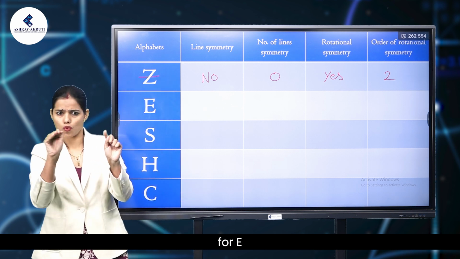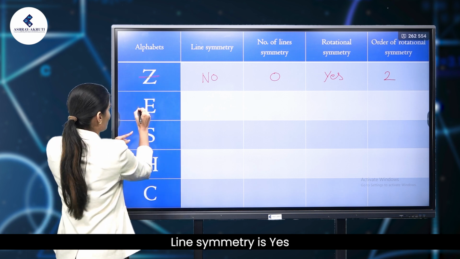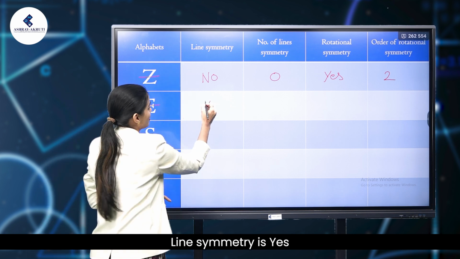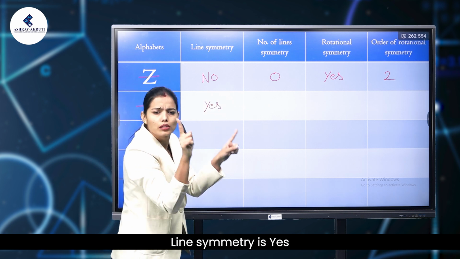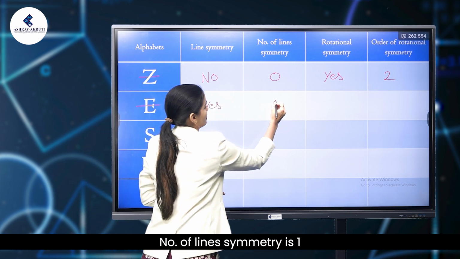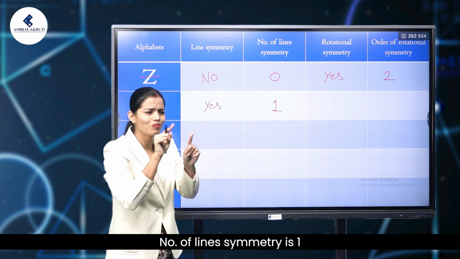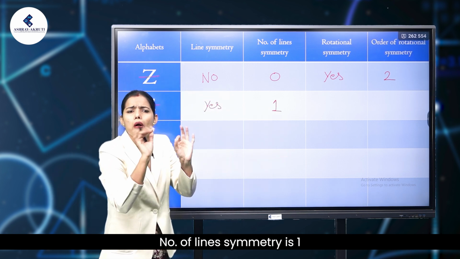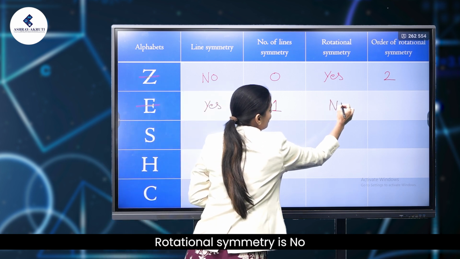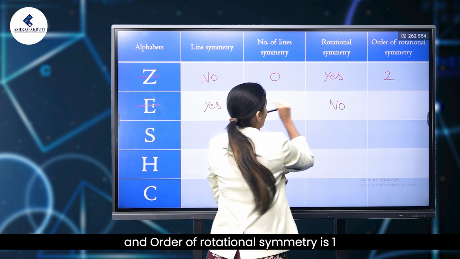For E, line symmetry is yes, number of lines of symmetry is 1, rotational symmetry is no, and order of rotational symmetry is 1.